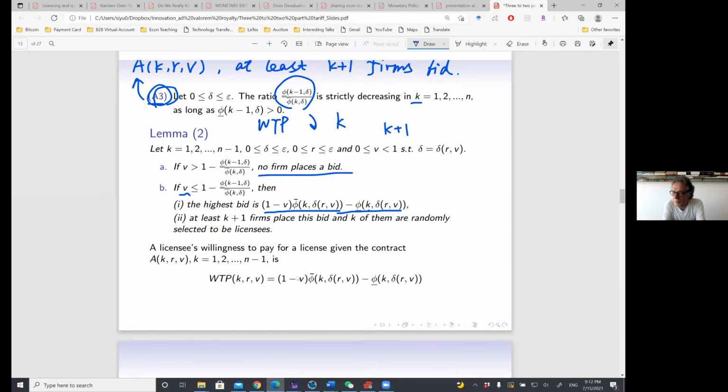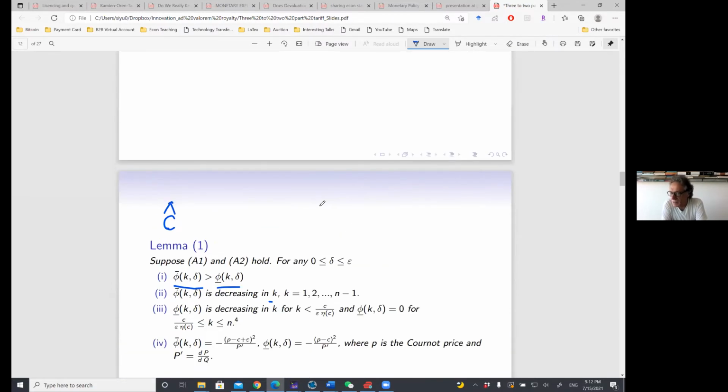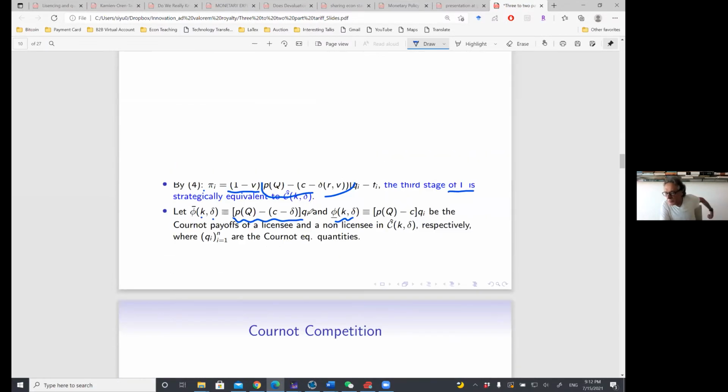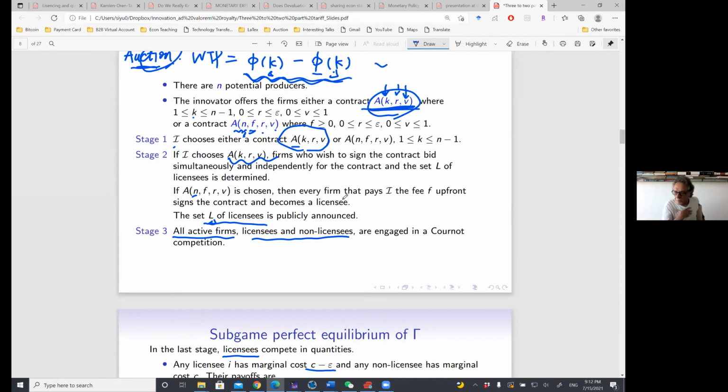In order to well define the game, you have to say, here the innovator announces that he would like to sell K licenses. Okay? Now, at most K licenses. And he puts R and V, the royalty per unit and the ad valorem rate, and the number of licenses. I'm ready to sell at most K licenses with R and V.